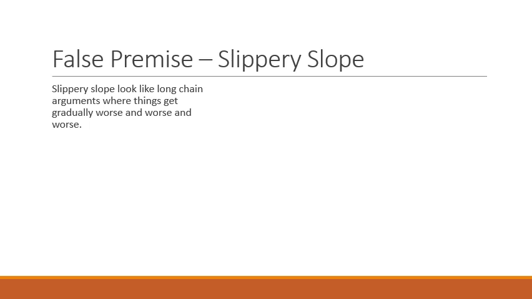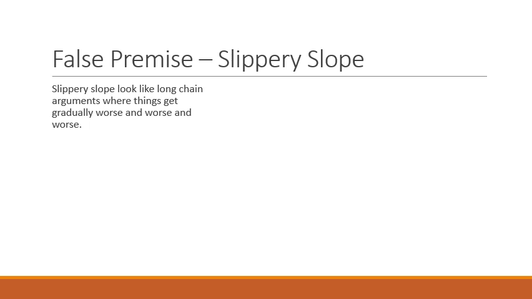But if your argument is getting slowly worse and worse, then what you usually end up with is: if this first seemingly innocuous thing, then this really bad, terrible thing.